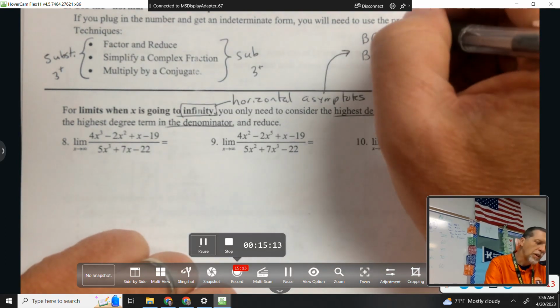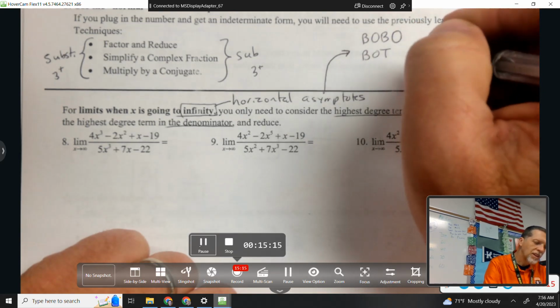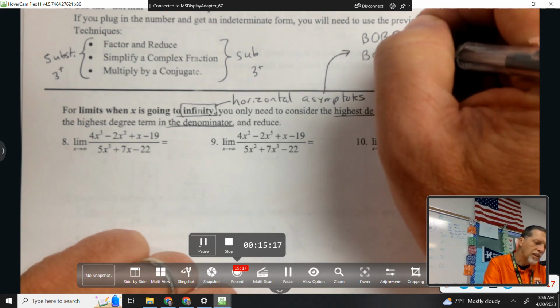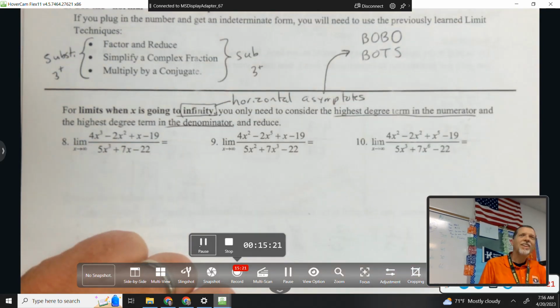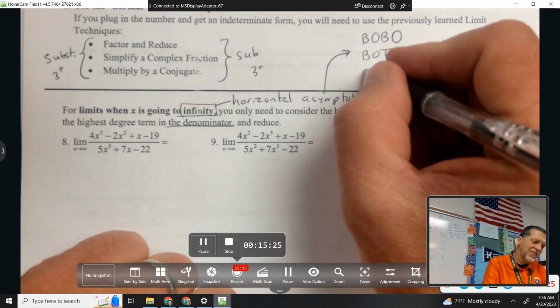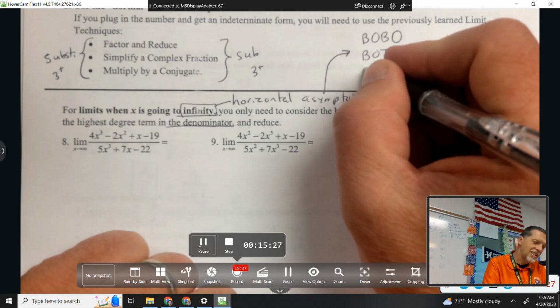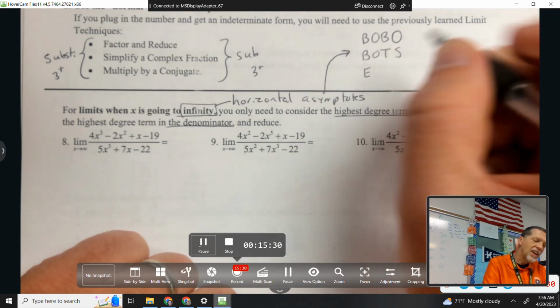Bigger on bottom was 0. Bigger on top, slant. What was the last thing? Bobo Boss. Bigger on bottom, bigger on top.